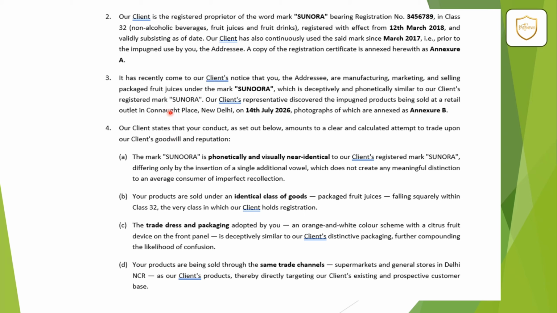Okay. In paragraph 3, it has recently come to our client's notice that you are manufacturing, marketing, and selling fruit juices under the mark SUNOORA, which was discovered at a retail outlet in Connaught Place, Delhi, on 14th July 2026, and photographs of which are annexed as Annexure B. Okay, so here you notice the specificity: a date, a location, and it is also backed by an annexure reference.